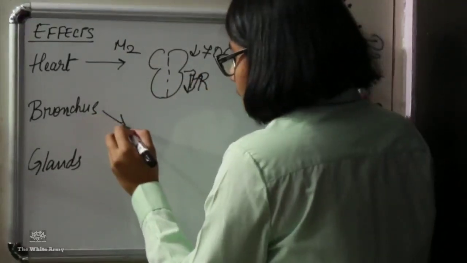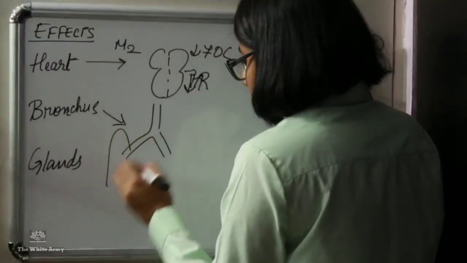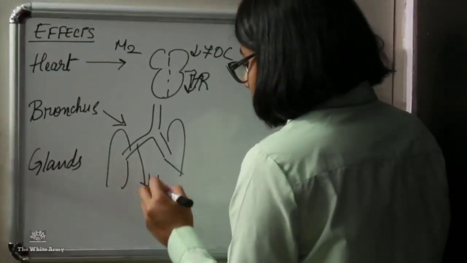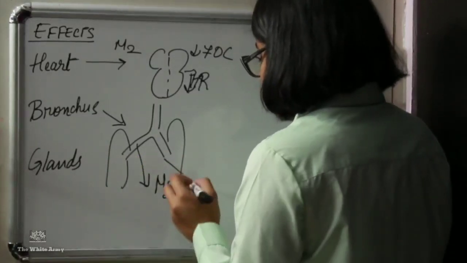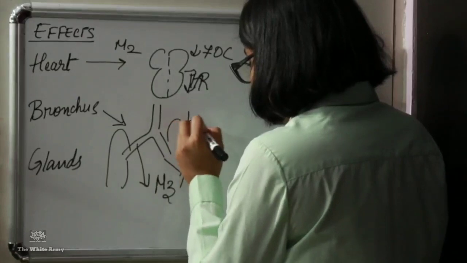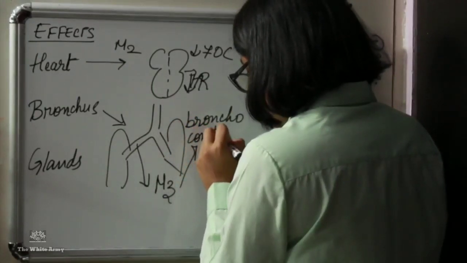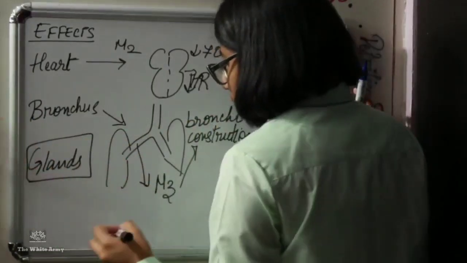Then coming to the action of the parasympathetic nervous system on the bronchus. So here the bronchus, the smooth muscles, the receptors are the M3 receptors. So when the parasympathetic nervous system acts, it would result in bronchoconstriction. And again the action on the glands.